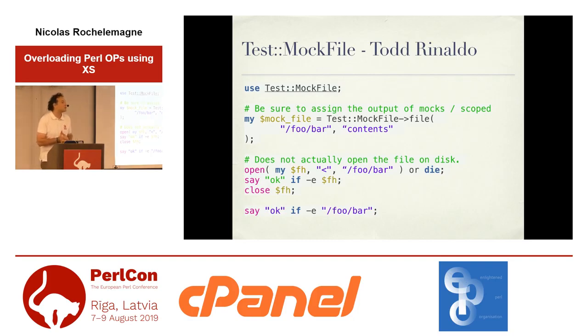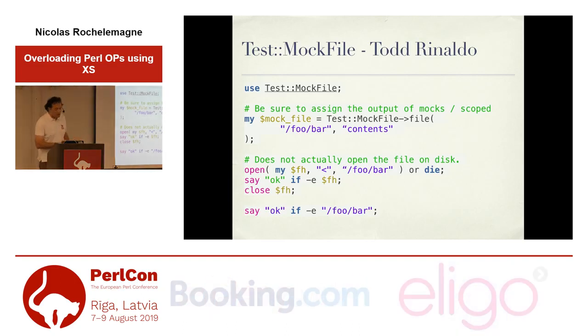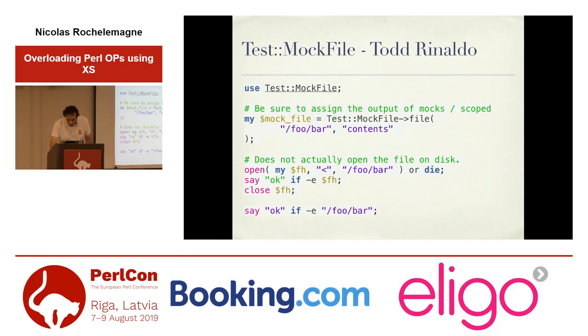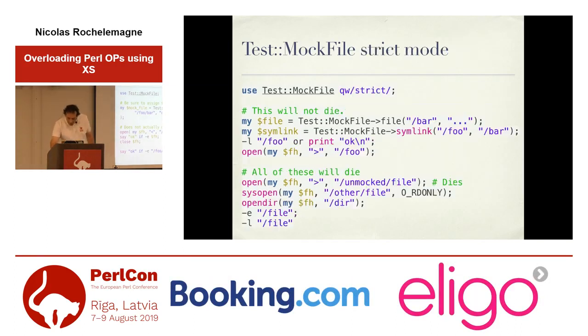For me, I only needed to mock these 2 files, whereas it really needs to access many files under the hood, and that's why Test::MockFile, developed by Todd, just sitting over there, has a strict mode that I will show there. So the default behavior will be use Test::MockFile strict, which means if you are accessing a file outside of the control of Test::MockFile, then you will die.